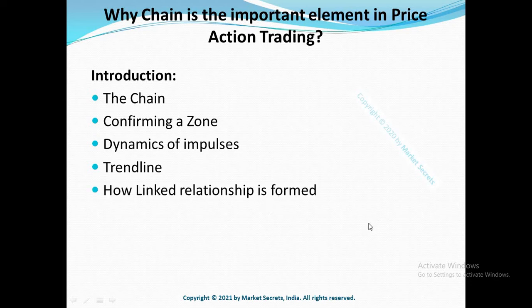Now, if you use the two rules on how the imbalances are created, that is the trend line break or the opposing zone being removed, we will start seeing how these impulses start losing steam and give birth to opposing imbalances that create an opposing force against the last two obvious impulses. This linked relationship is called the chain.